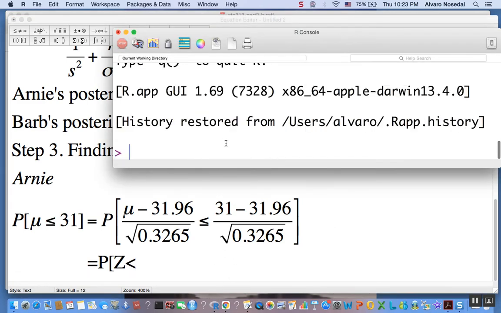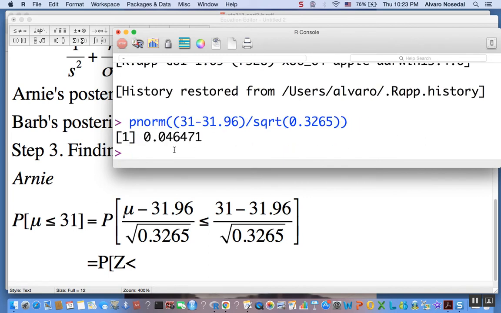So what we would need is p norm of 31 minus 31.96 divided by square root of 0.3265.